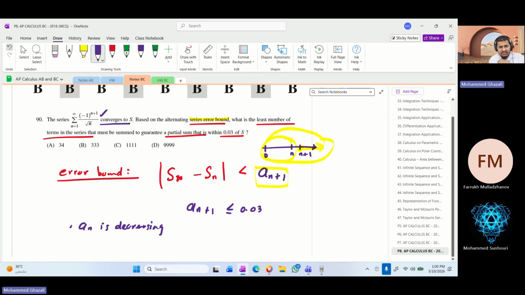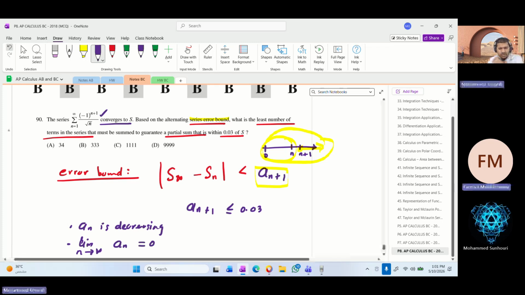If you take the limit as n approaches infinity of a n, you'll get 0. Good. So we know this here converges to s. They already told us it converges to s, so there's nothing to do there.